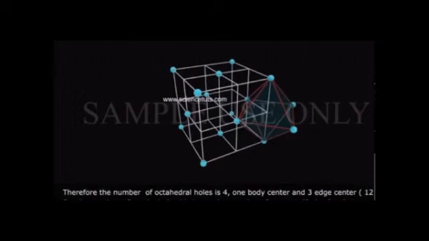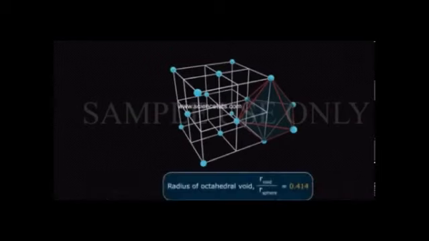Therefore, the number of octahedral holes is 4, 1 body center and 3 edge centers. 12 into 1 by 4 is equal to 3. So the number of octahedral voids is equal to number of atoms in FCC or CCP structure. Radius ratio of octahedral void, R void by R sphere, is equal to 0.414.